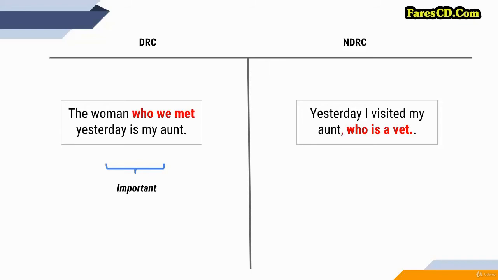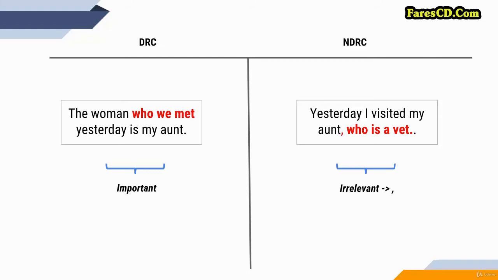The other sentence. Yesterday I visited my aunt, who is a vet. This time, who is a vet, there is a comma in front. And when there is a comma, it means that you are using non-defining relative clause. Or in other words, you say that this information is not important for the general understanding of the sentence.